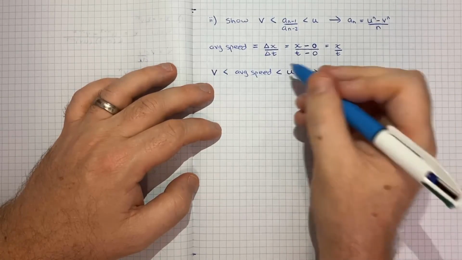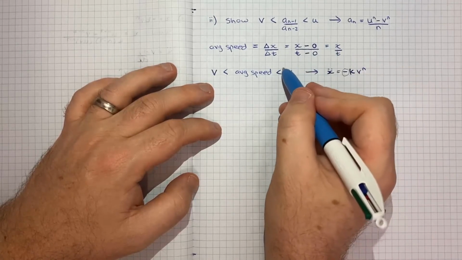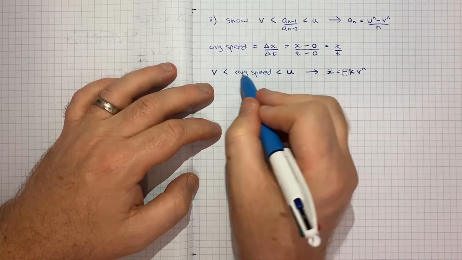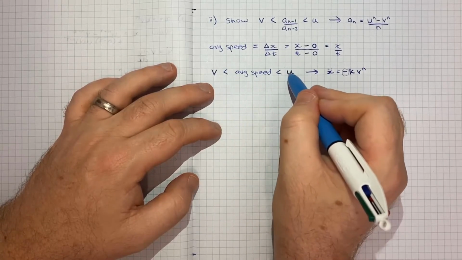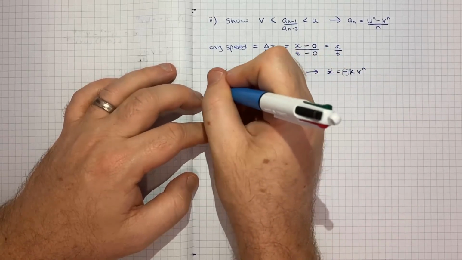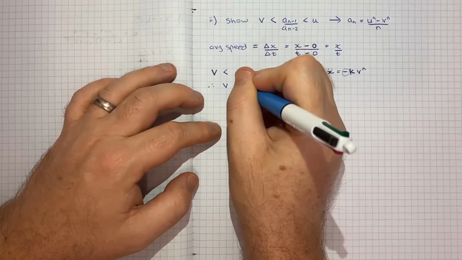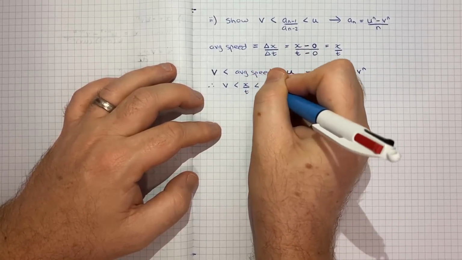So wherever we started, whatever that speed was, as we go further in time, the speed will decrease. So if we take the average, it must be less than where we started and more than where we got to, because we're taking the average. So what we can say is that x on t will be between v and u.